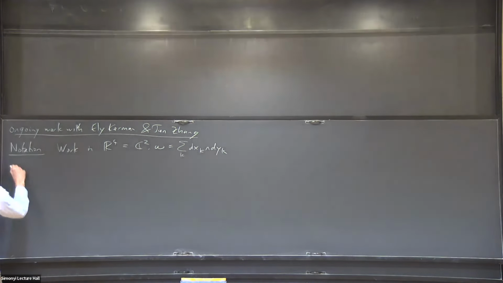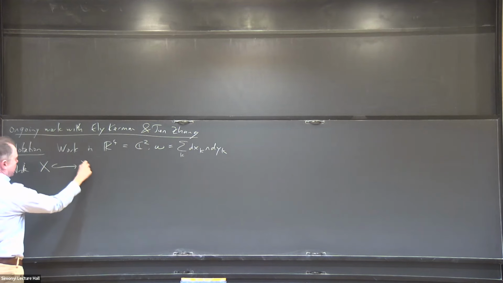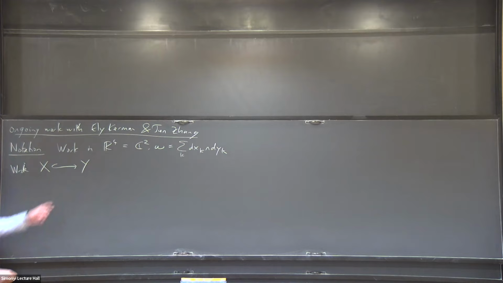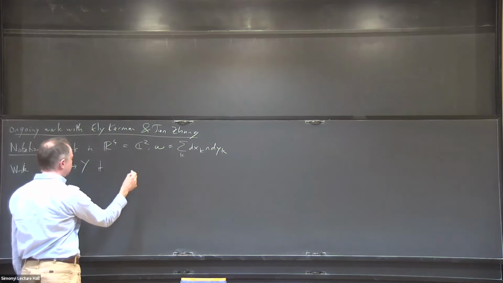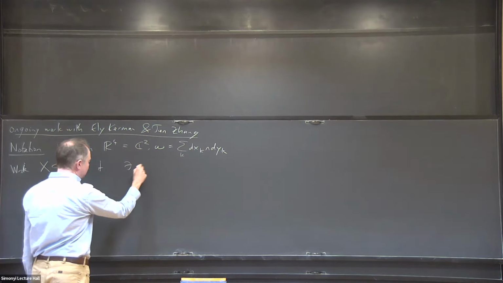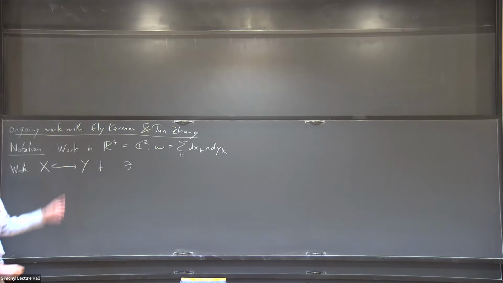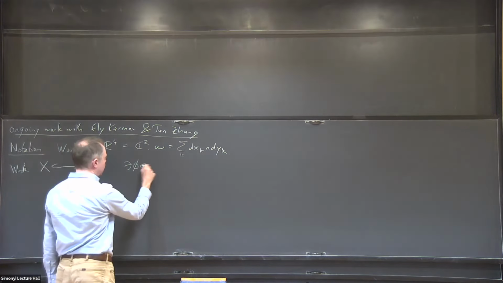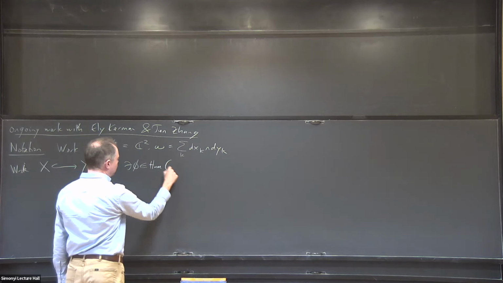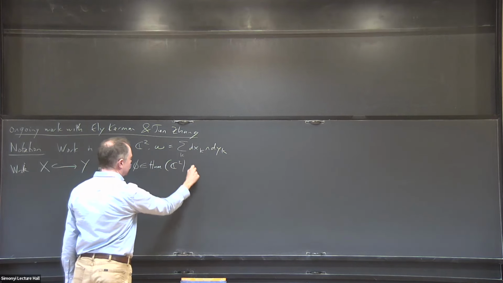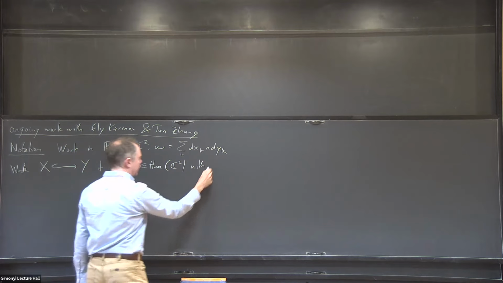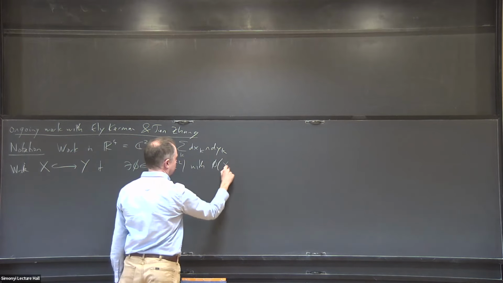So for a symplectic embedding, let's use an arrow there, and we'll write X embeds into Y if there exists, I really want to stick to Hamiltonian diffeomorphisms, right? So if there exists phi, a Hamiltonian diffeomorphism of R4 or C2, with phi of X.